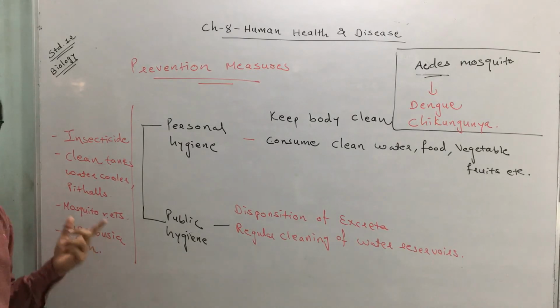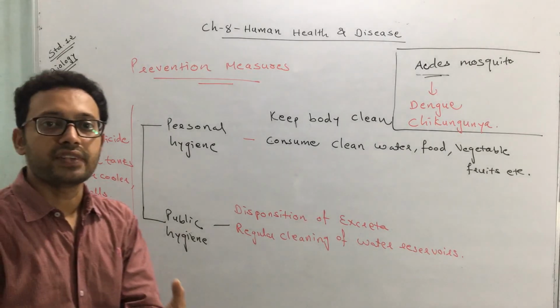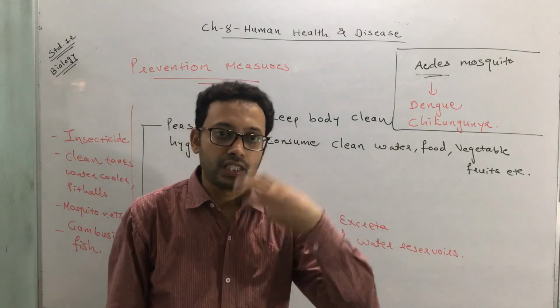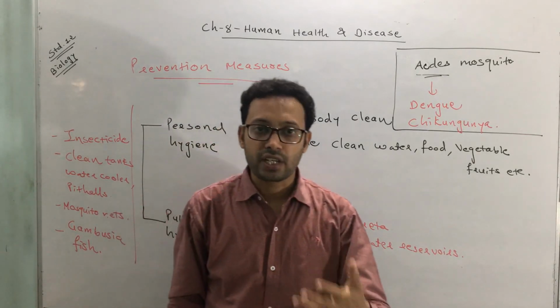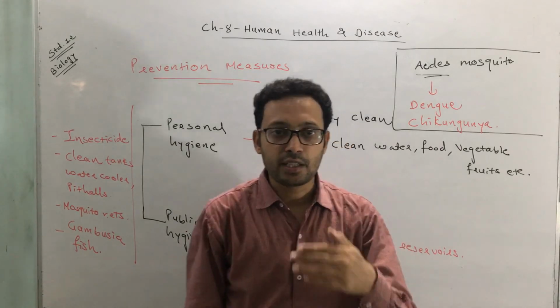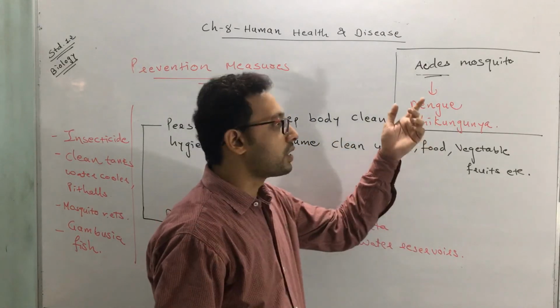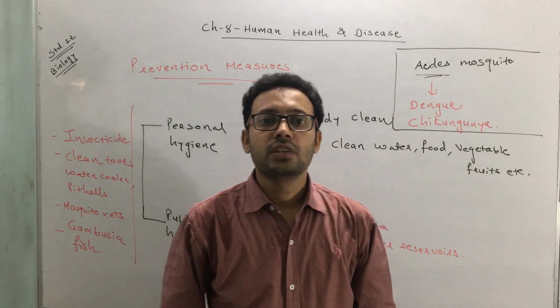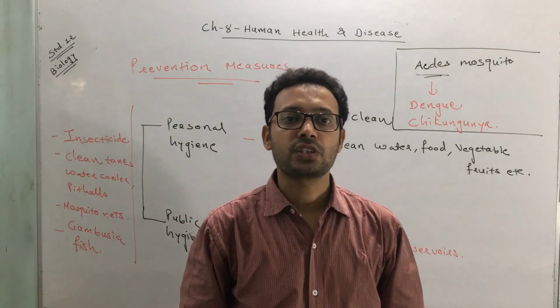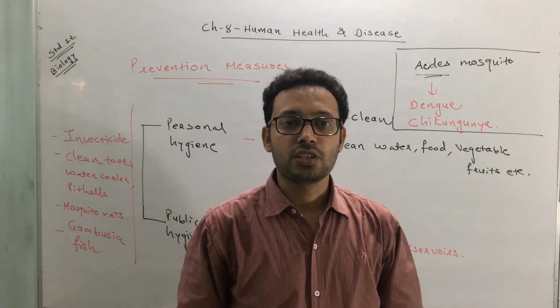You can also use the gambusia fish, because it feeds on the larvae and eggs of mosquito, and the numbers are kept in control. Another mosquito which causes disease is the Aedes mosquito, responsible for dengue and chikungunya.